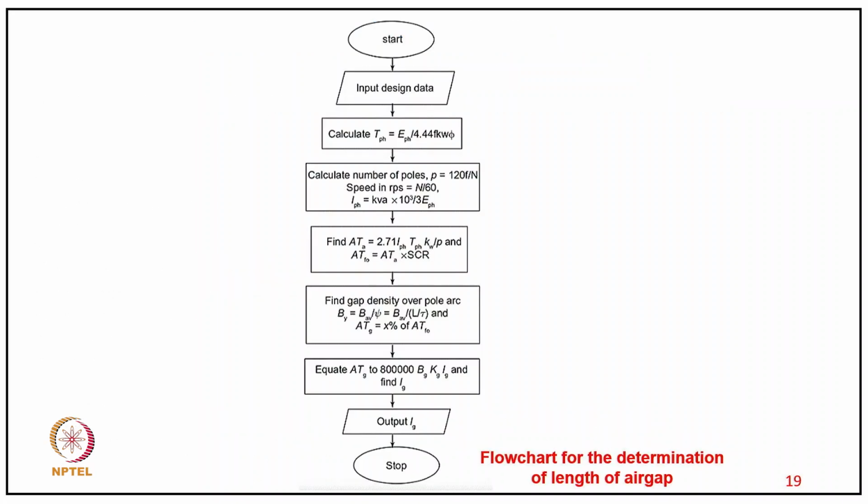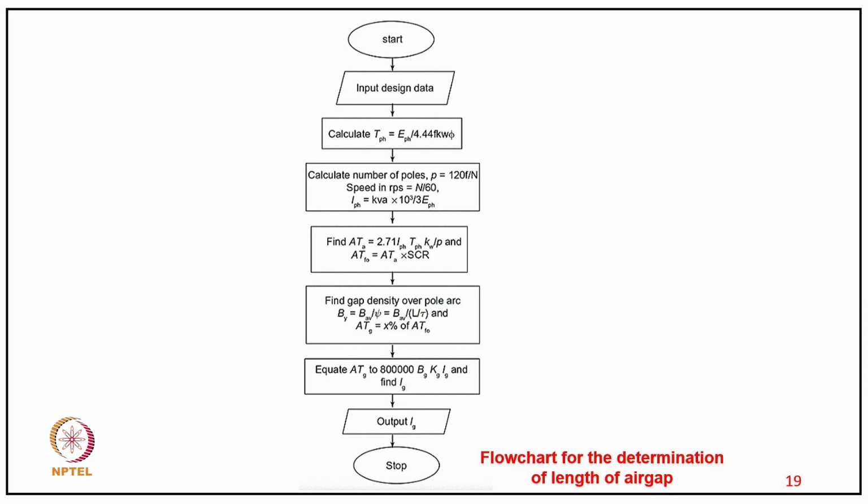So typically there is a flow chart for this calculation of length of air gap. To start with, input the design data, calculate the TPH, EPH upon 4.44 f kW into phi, calculate the number of poles equal to 120 f upon N, and speed in rps, N upon 60, and IPH equal to kVA into 10 power 3 divided by 3 EPH. Find AT equal to 0.7, I PH TPH kW upon P, and ATf equal to AT into SCR.